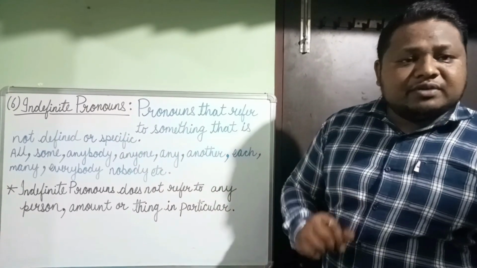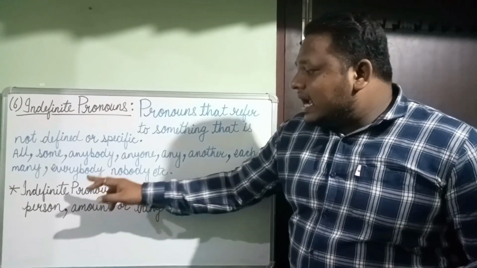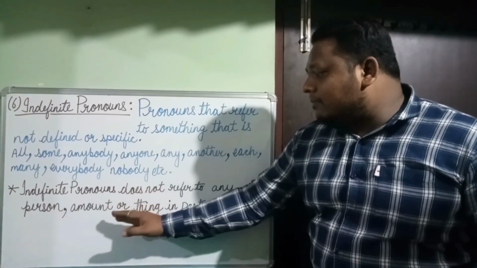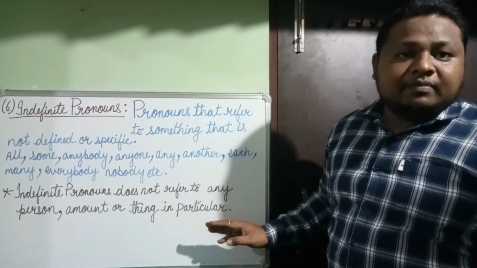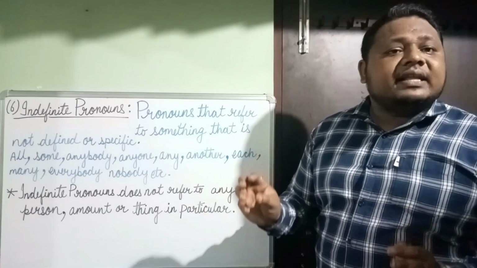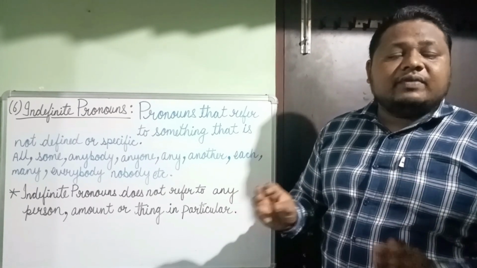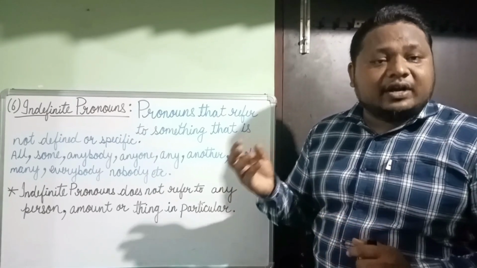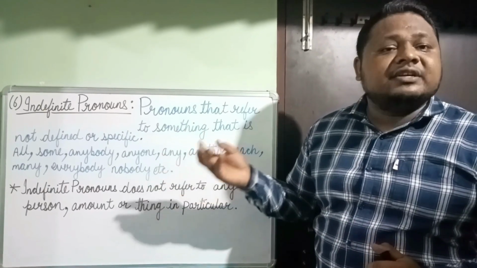Indefinite pronouns do not refer to any person, amount, or thing in particular. So here nothing is fixed. We do not have an exact idea about the person or thing we are talking about in indefinite pronouns.